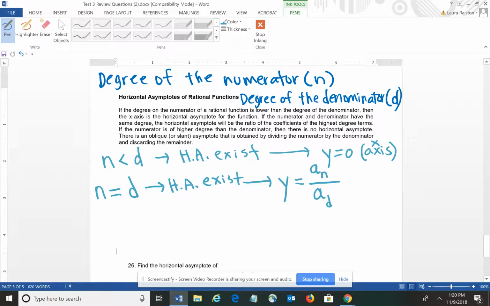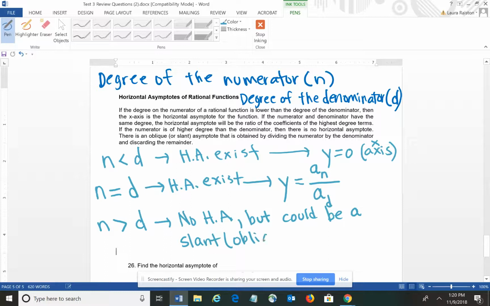The third option is that the degree of the numerator is greater than the denominator. In that case, there is no horizontal asymptote, but there could be what's called a slant or an oblique asymptote.